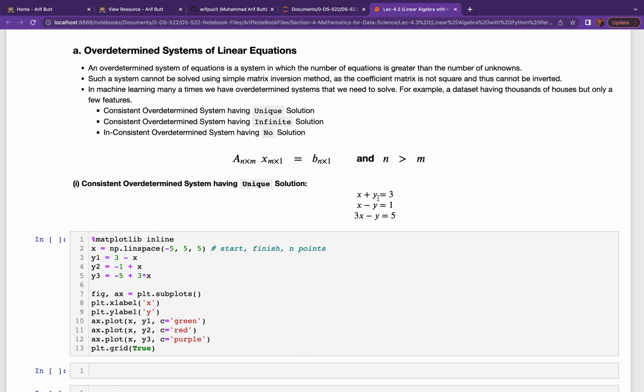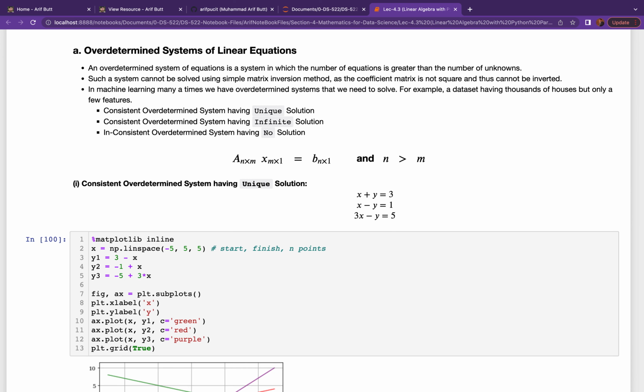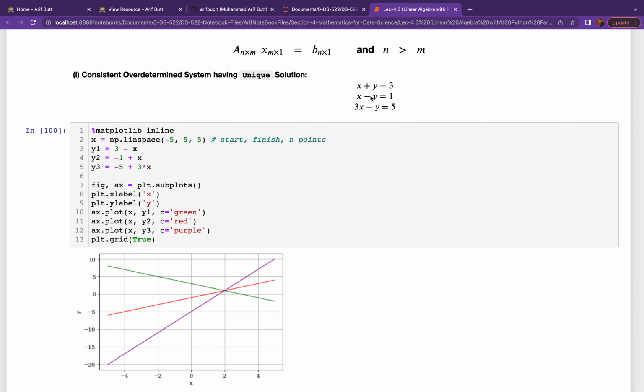So this system of linear equations having two variables but three equations is overdetermined because the number of equations is greater than the number of unknowns. And this is a consistent overdetermined system having a unique solution. Let me run this, and you see all the three equations are intersecting at one point, and that is 2 and something, probably 1, I think. So this is 2, 1.